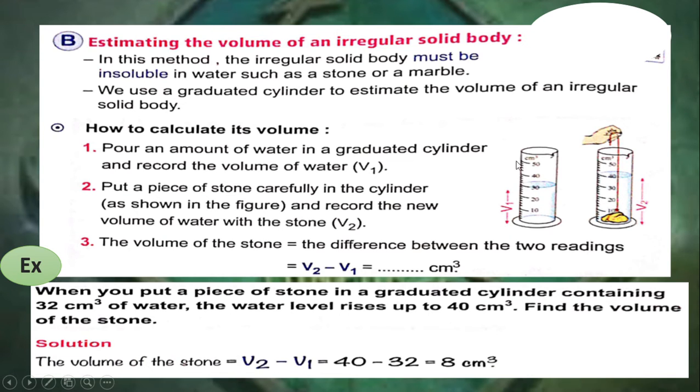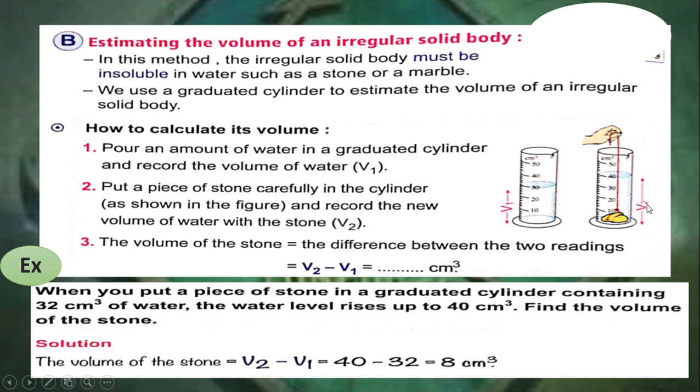We call it V1. V1 is the volume of the water. After that, we put the stone or the marble or any irregular solid body carefully in the water. We notice that the level of water increases. Why does it increase? Because the stone takes space.